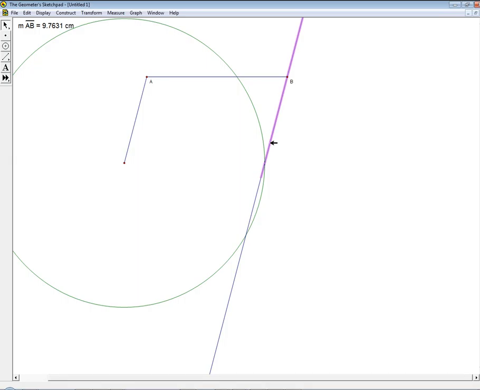If I pick the intersection, right? How do I do that? I think I can go like this. Let's try it. Right there. Okay, that's on the intersection, right?